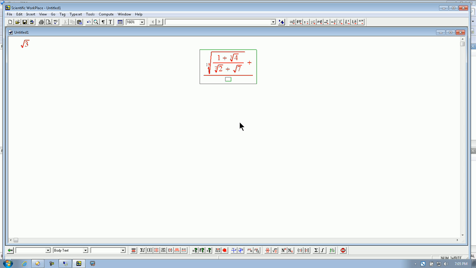I'm going to tell you something that I can't prove for you. This number over here, it's possible to prove that this number is not a surd. It's one heck of a hard theorem.